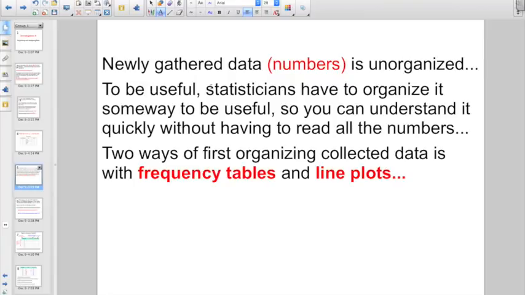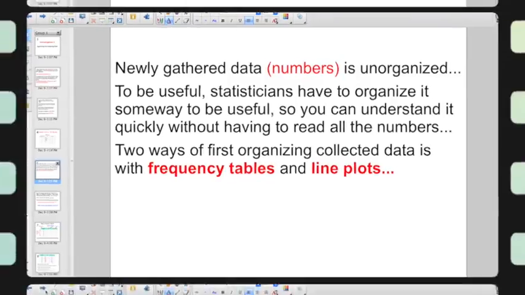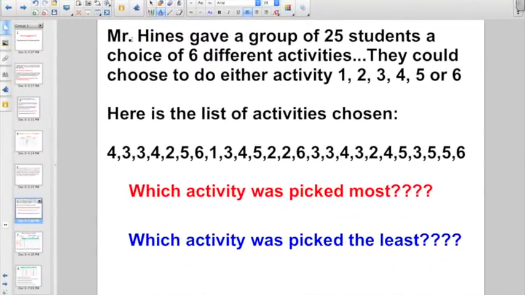And to be useful, statisticians have to organize it some way so you can understand it quickly without having to read all the numbers. So, two ways of first organizing collected data are frequency tables, which we're going to talk about first, and line plots.